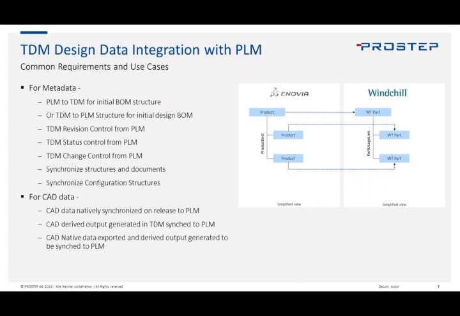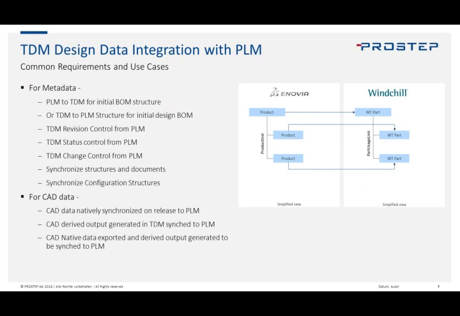Typically, though, we want to have TDM revision control, status, change control, BOM, all that stuff. Once the maturity of the product hits a release, we want that to be under change control from PLM and then reflected back to the TDM system. So you might have a change that has a new revision of a part. Well, then after that change is pushed through, we synchronize that back to the TDM.